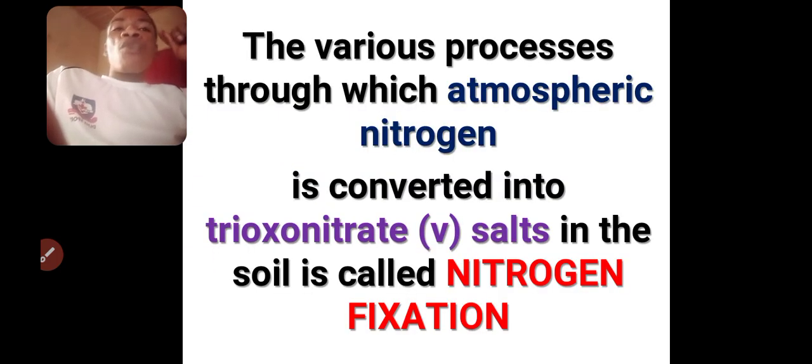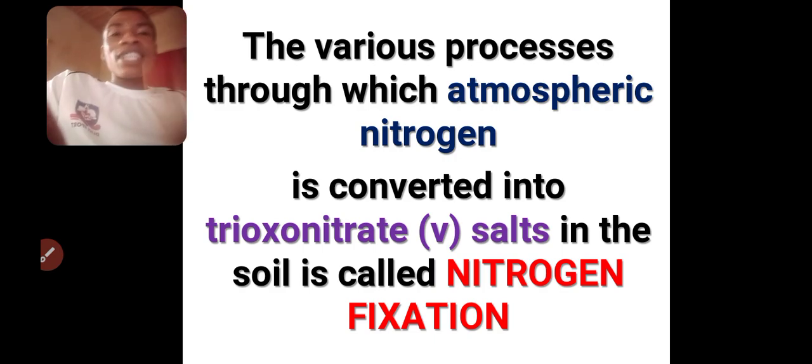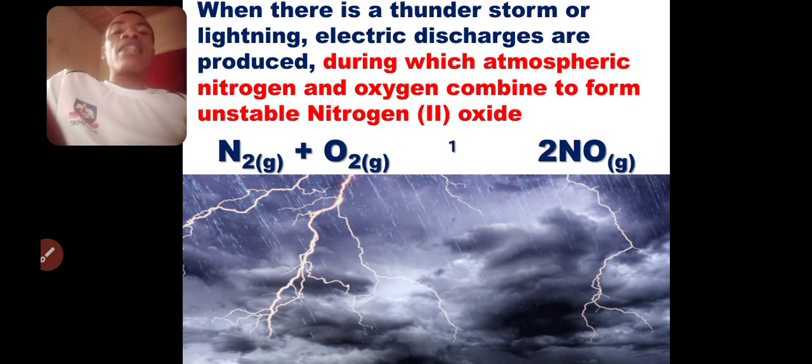So there are processes that help us to convert nitrogen in the atmosphere to nitrate salt in our soil. Those processes are called nitrogen fixation. We want to fix nitrogen in the earth crust. That's fixation. So those processes that help us to convert the free nitrogen in the atmosphere to the one that the earth crust can use is called nitrogen fixation.